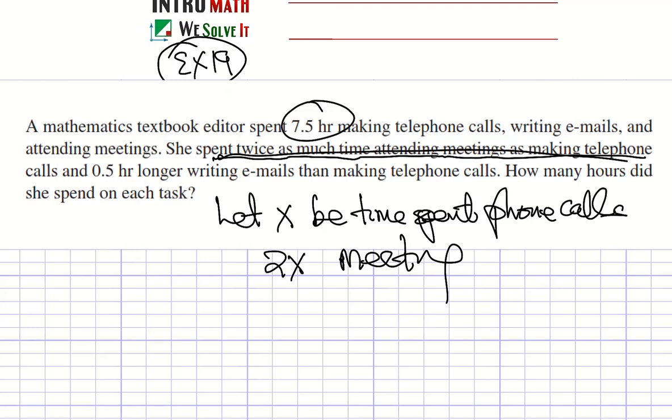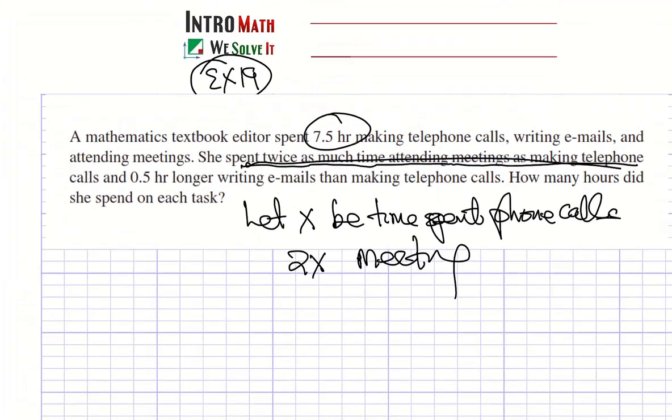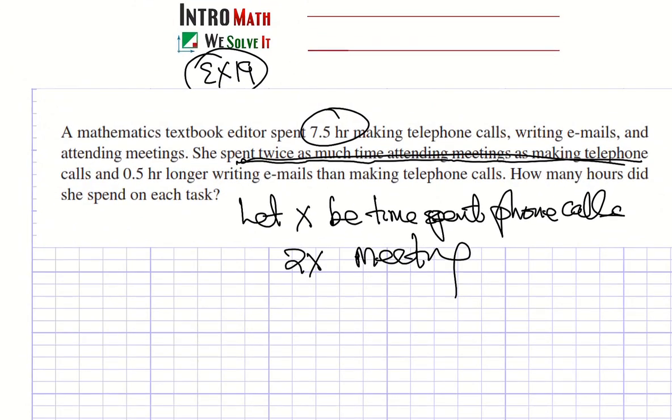So she spent x making phone calls. And she spent longer on email, so it's x plus 0.5 hour. That's what that means. She's doing emails, meetings, phone calls.